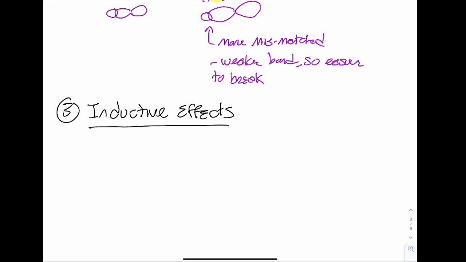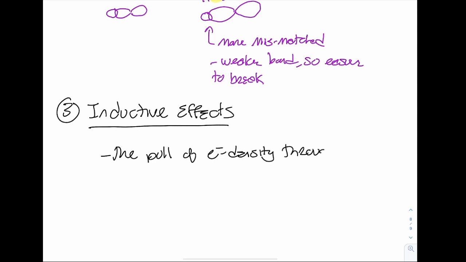So what inductive is, it's the pull of electron density through a sigma bond that is caused by electronegativity differences.